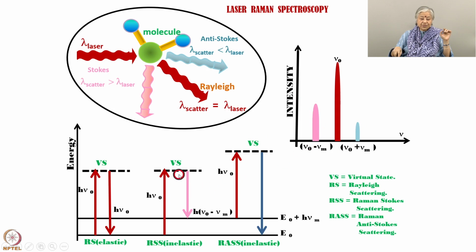That is because you will find most of the molecules in the ground level and very few molecules in the excited level, from where it has to excite again and de-excite. So, the number of molecules here is less, the number of molecules here is more. So, obviously, this signal is more and this signal is less. That is the difference between Stokes and anti-Stokes.